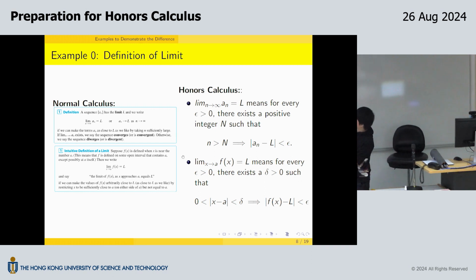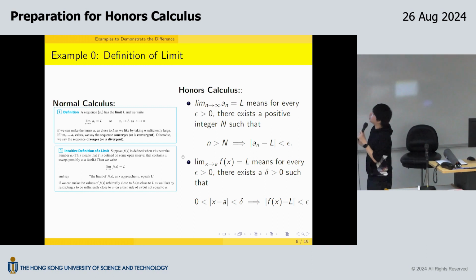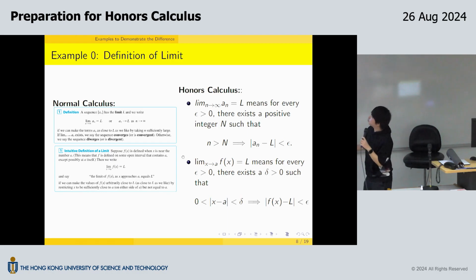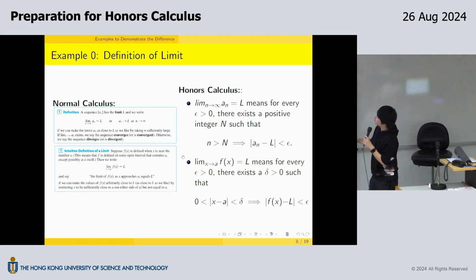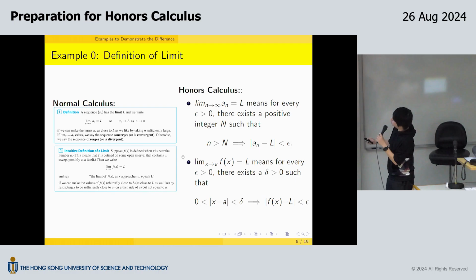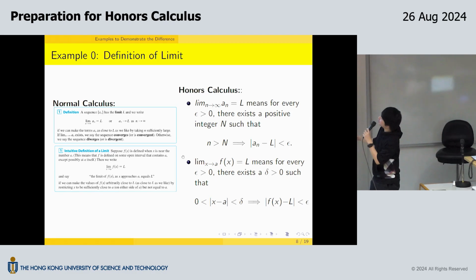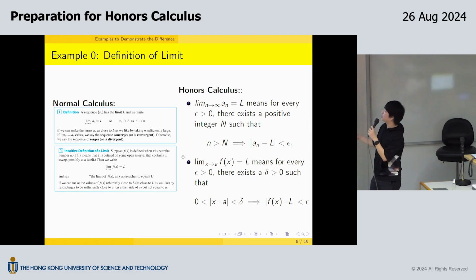Okay. So the first key difference you may encounter in the honor calculus course would be the definition of limits. In the left part of this slide, this is what you will learn in the normal calculus course. So what does it mean for a sequence to have a limit L in the normal calculus course?